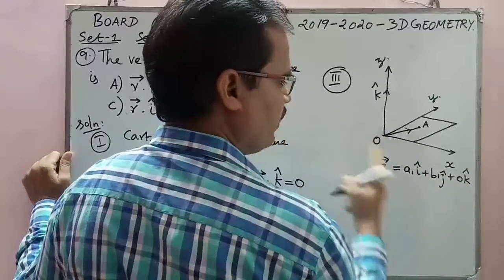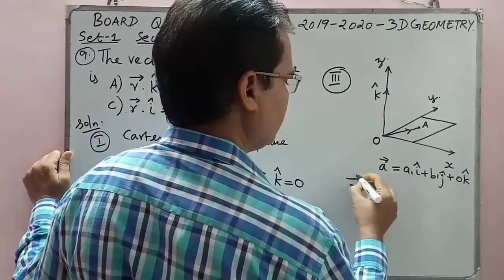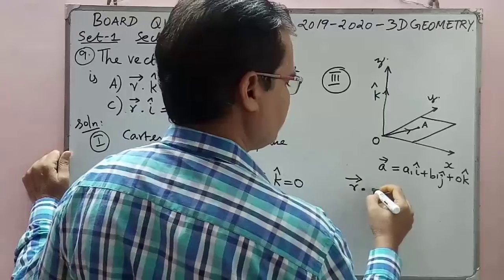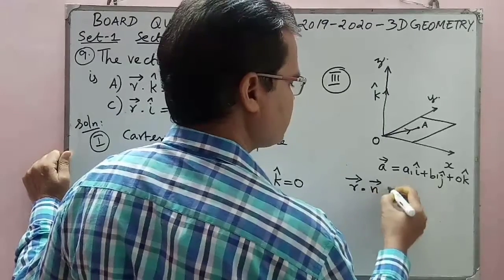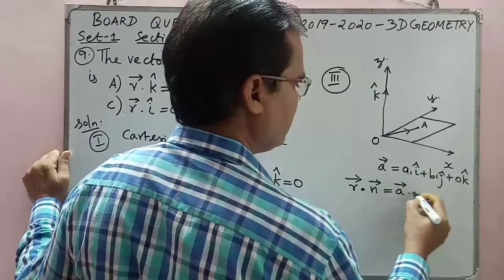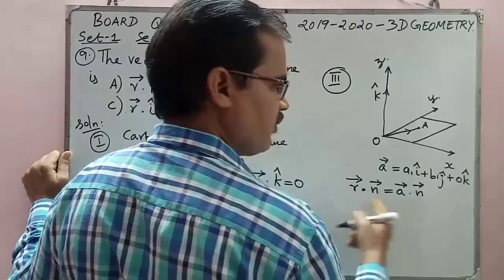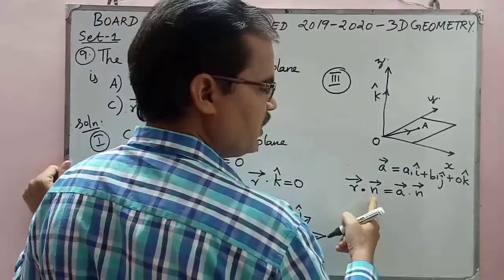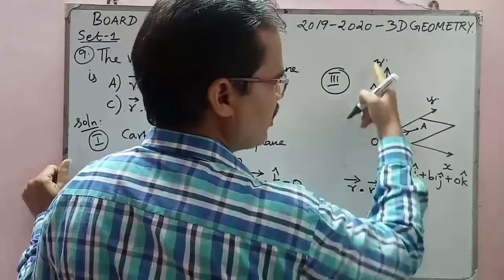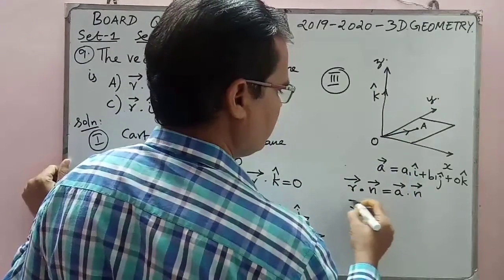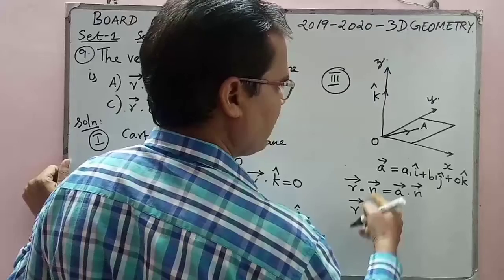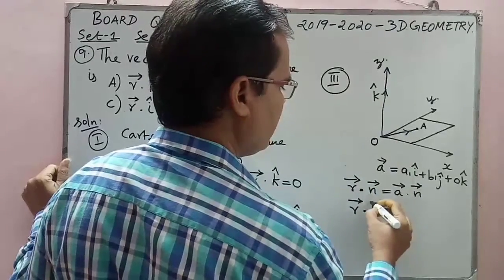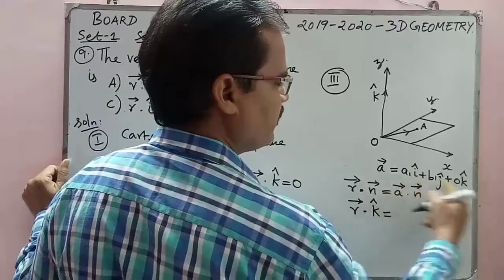So now we are going to use the vector equation r vector dot n vector equals a vector dot n vector. This is the equation of the plane passing through a point and perpendicular to its normal. Here the plane's normal is k cap. So instead of the normal vector, I am going to write k cap, and we have the components of a.